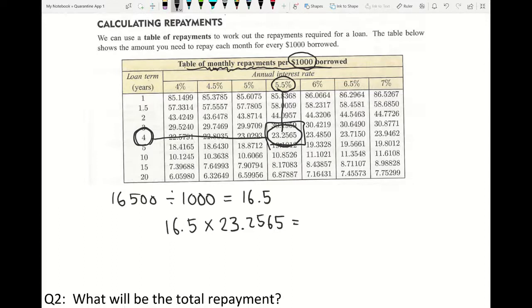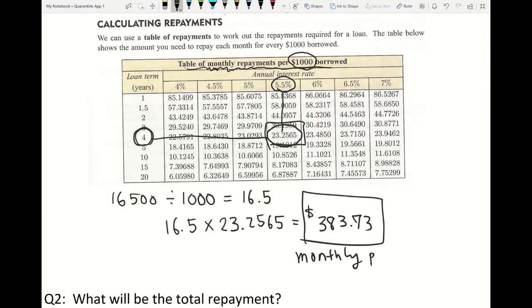So you should get $383.73. Now, what does that mean? It means that your monthly payment is going to be $383.73. So that's how much you have to pay back every month.